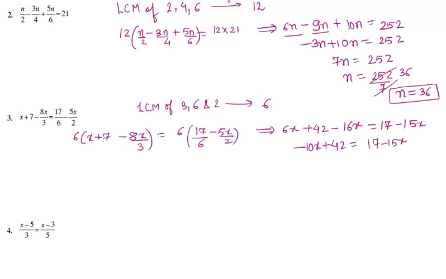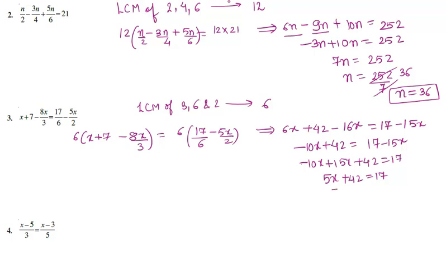Let's add 15x on both the sides. So on the left you will get minus 10x plus 15x plus 42 equals to 17. The result would be minus 10x plus 15x will be 5x plus 42 equals to 17.